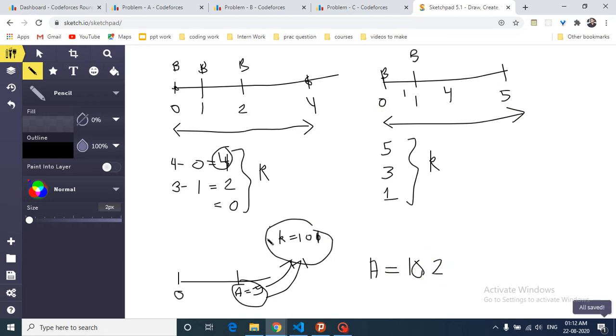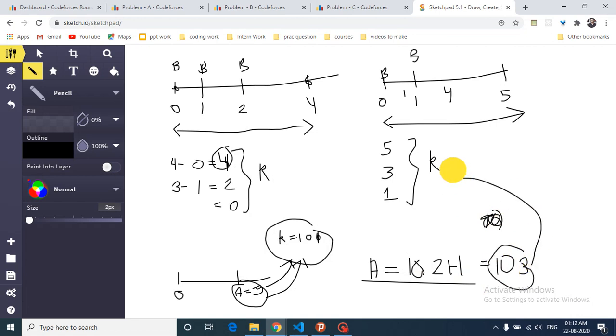Now this is even, so we can only get even values of K, but we want an odd K, so we have to move it to this point. We have to add 1 so that it becomes 103, and then I can take 101 and make an odd K, because only when this is odd can I make an odd K.